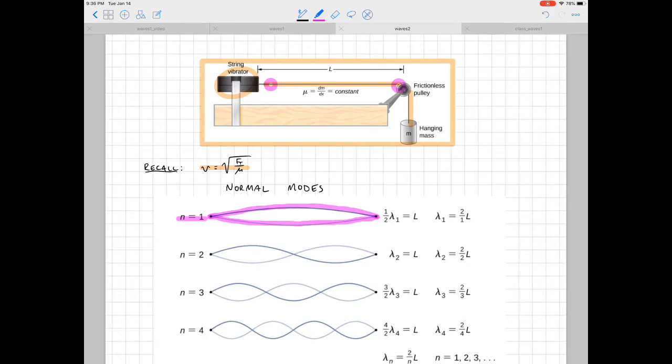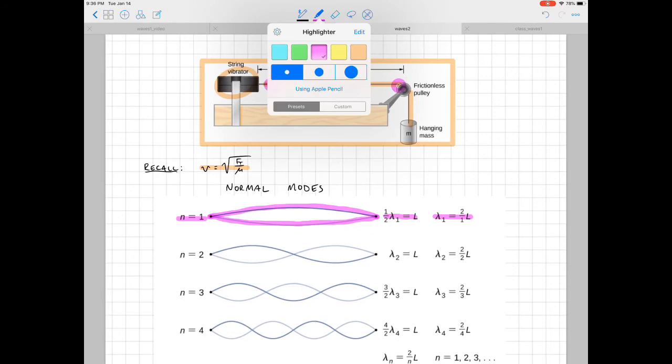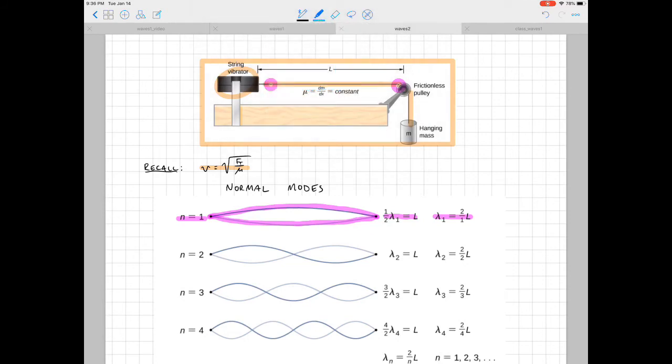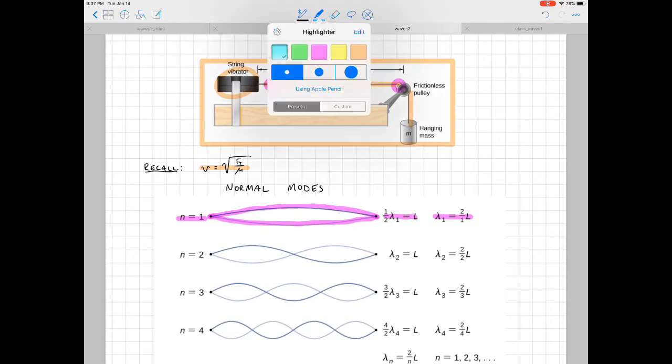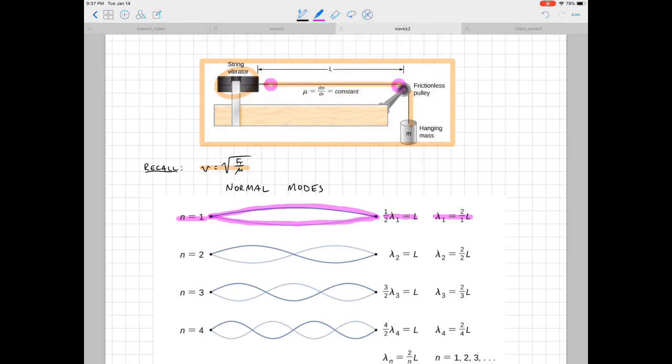And so, remember, integer multiples of half wavelengths, and so 1/2 of this wavelength has to equal the length of the rope, and so you can determine that the wavelength of the first standing wave has to be twice the length of the rope or the string. Now, the next standing wave will have nodes not only at the endpoints, but then also in the center.